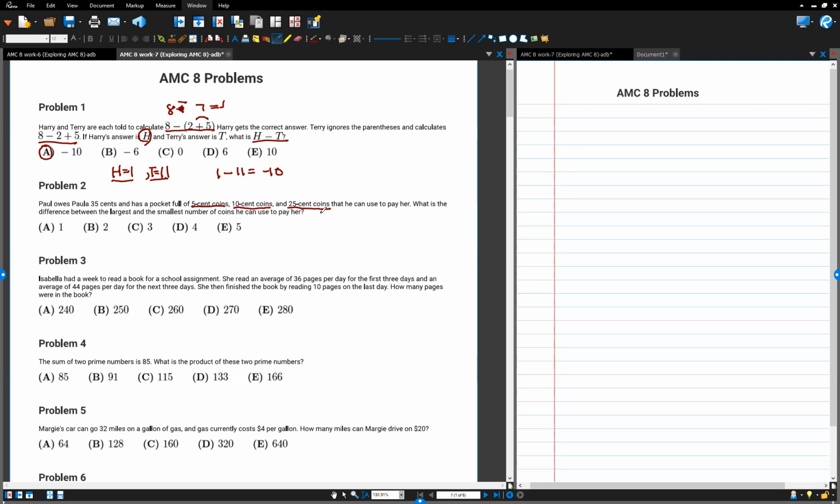What did I miss? How did we get the E? Can you explain to me? So if you're going to pay with the smallest number of coins, you need 25 cents and 10 cents.